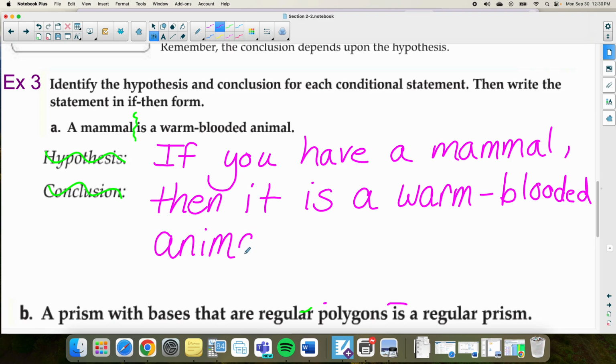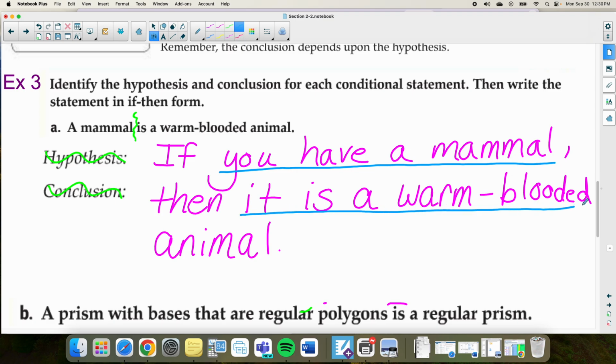Okay. Now, once you have that done, is when you're gonna single underline the hypothesis, and that's gonna be you have a mammal, not the word if. And then you're gonna double underline it is a warm-blooded animal. Notice I did not underline if, I did not underline then. Okay.